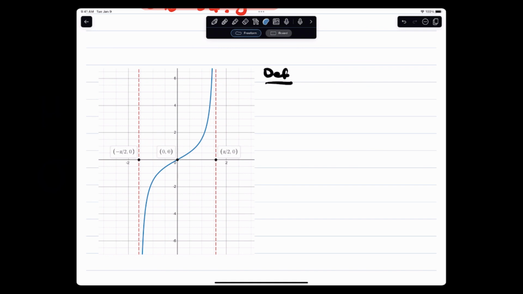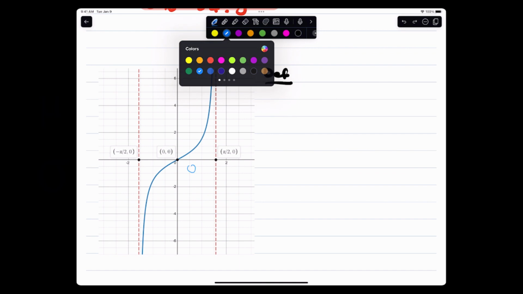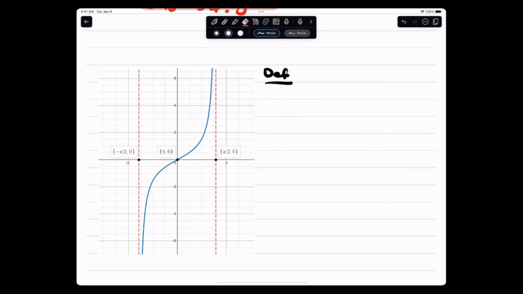Now the function's one-to-one. It has an inverse. Notice we threw out some quadrants, though. In order to do that, we kept some quadrants. What quadrants did we keep?